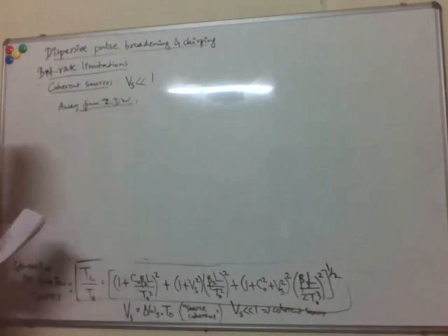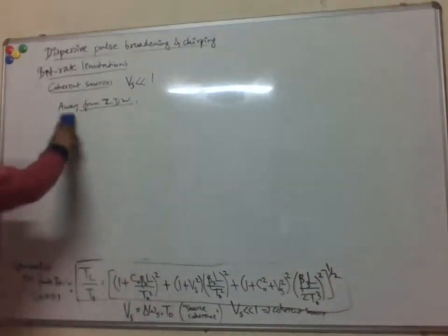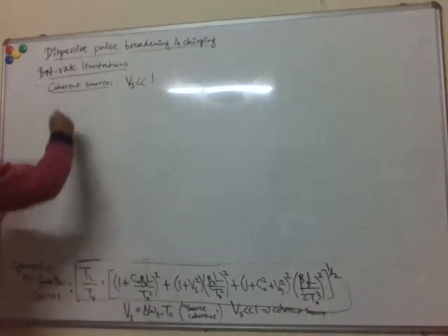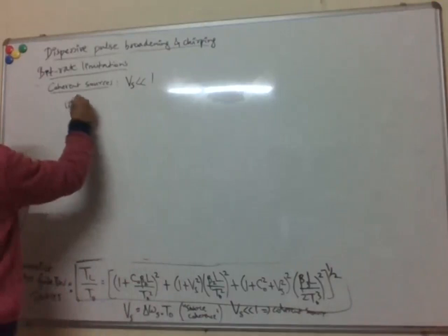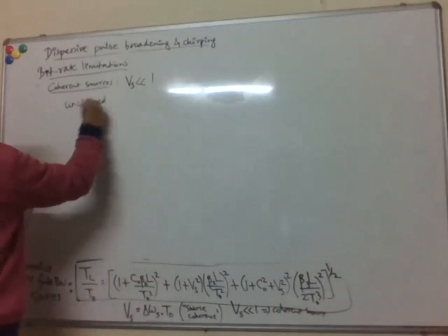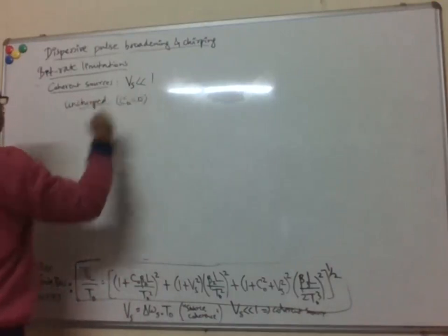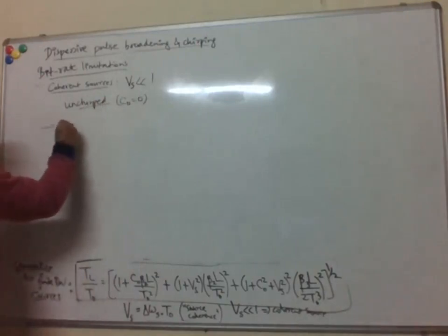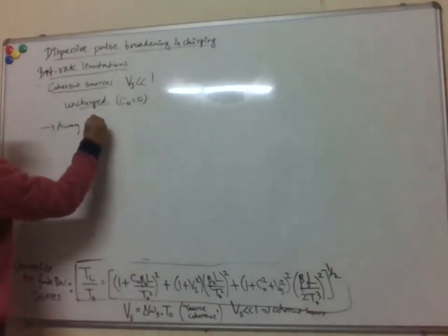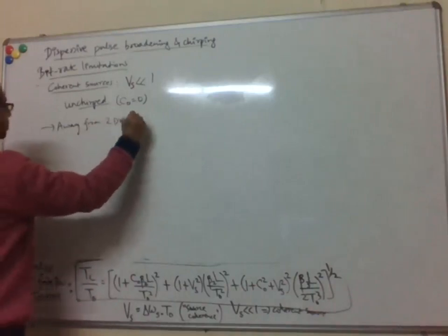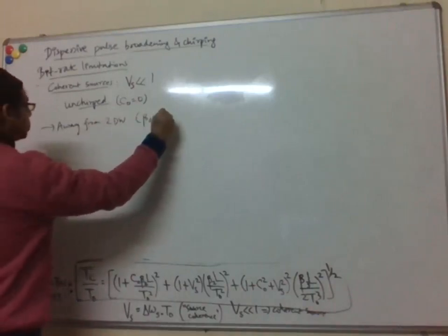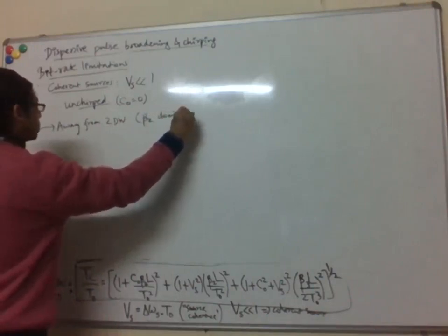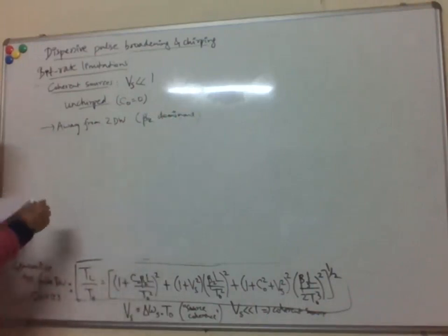Okay, so for now let's also assume unchirped sources, coherent sources which are unchirped. So C0 is 0. So again, the first case is away from the zero dispersion wavelength, so beta 2 is dominant.